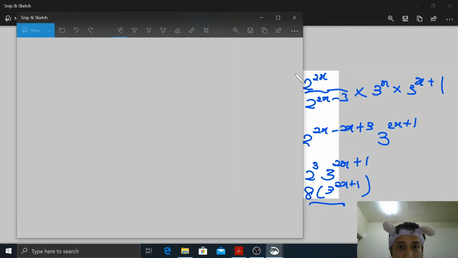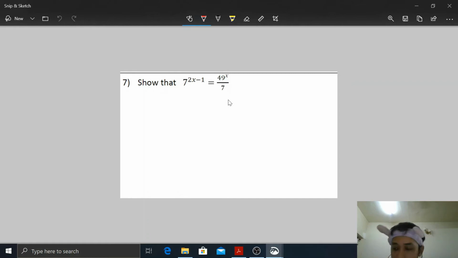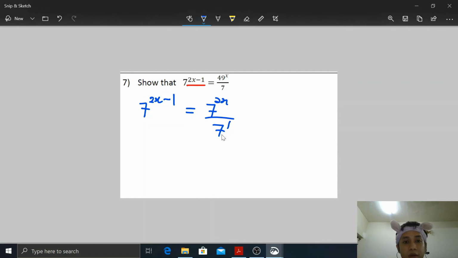Question 7. They asked me to show that this one is equivalent to this one. Since this one is minus, the power is divided, so I need to factorize first. 7 to the power of 2x minus 1 is equivalent to 7 to the power of 2x divided by 7 to the power of 1, because when dividing you take the power and minus.